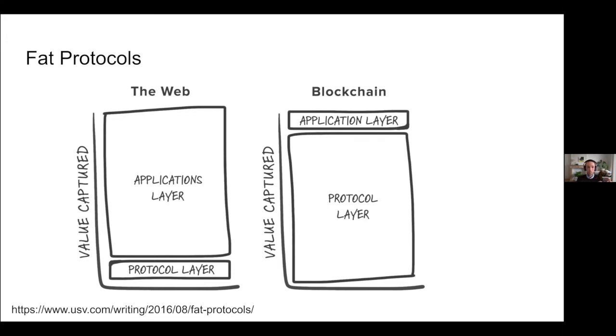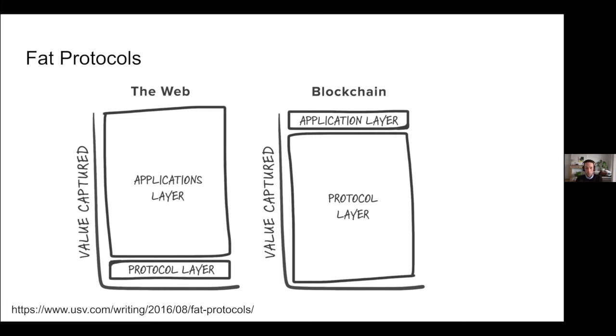The protocols beneath, so TCP/IP, HTML, HTTPS, etc., were thin protocols in the sense that the applications built on top of them have been able to exert power over us, in the way in which they have been able to capture attention and to harness the network effects that come with social media and the likes.